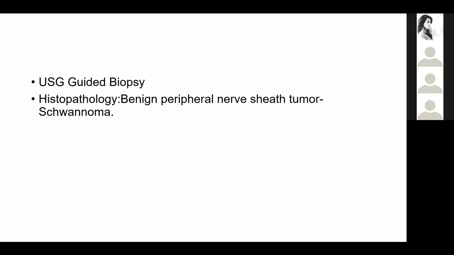Other differential will be that of schwannomatosis, which occurs in isolation, and it is different from NF2 type schwannomatosis. So here we already excluded NF2 because there are no schwannomas in that vestibulocochlear nerve complex level. So if there are multiple schwannomas, then we can consider schwannomatosis.